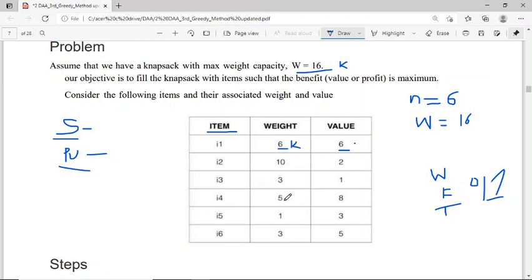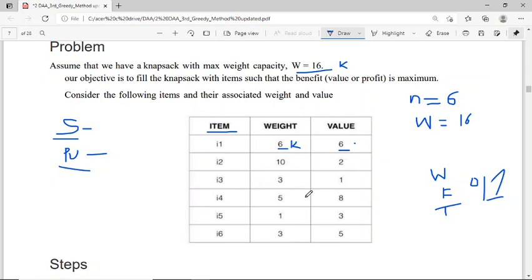Item 4, weight is 5 and value 8. Item 5, weight is 1 and value is 3. Item 6, weight is 3, value is 5. It means this item is this many kg, and this is the price, consider.